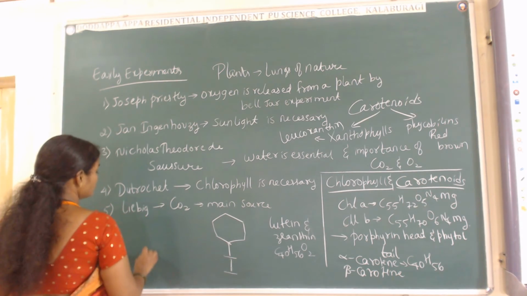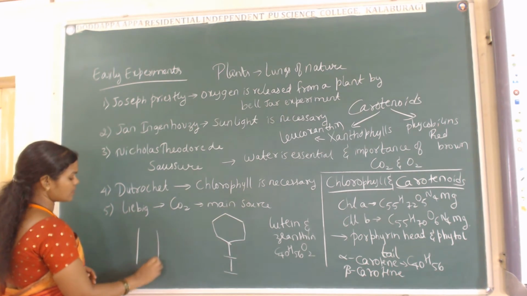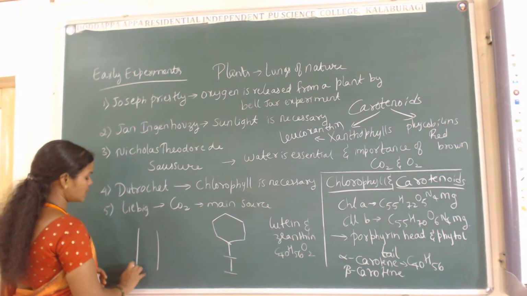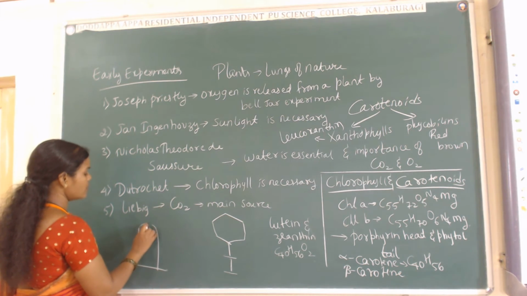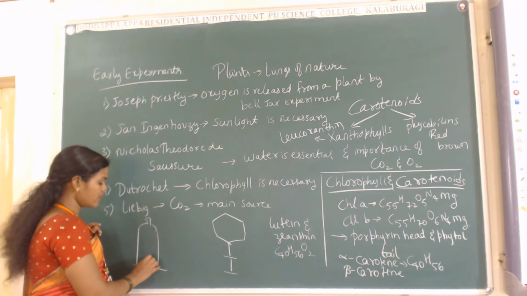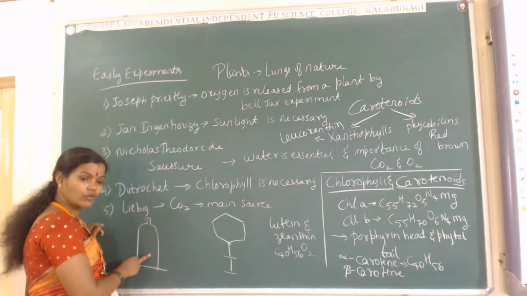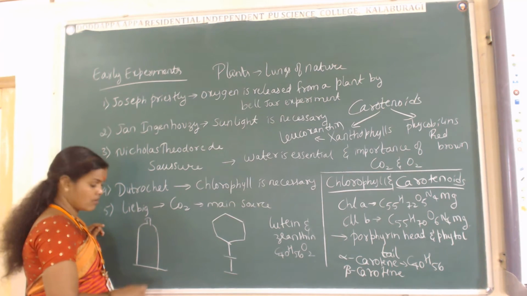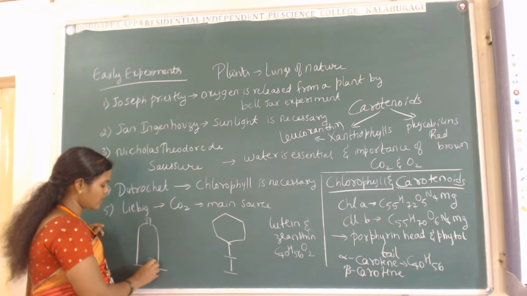Now see here, so this is the Bell-jar. We call this glass apparatus a Bell-jar. In this Bell-jar he has taken a mouse. Okay, let us put a small mouse inside. So here there is a presence of mouse.